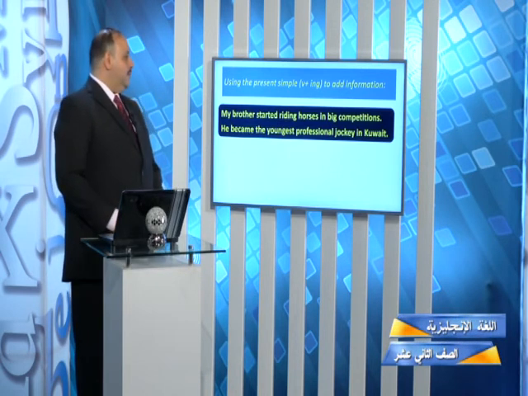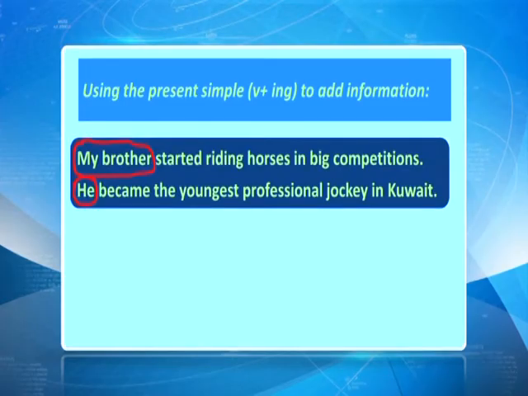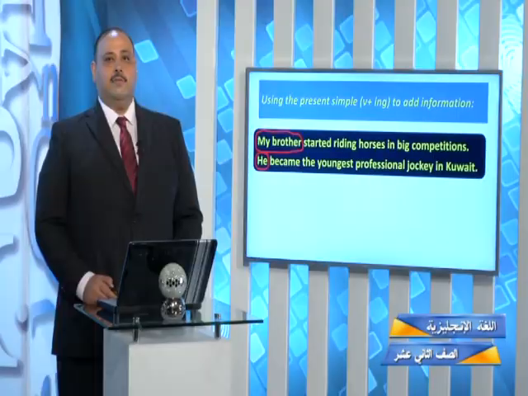Look at the two sentences. My brother and he. So the second sentence provides additional information about the noun of the first sentence. So what can we do? In this case, we have to delete the subject, look for the verb, add ing to its infinitive form, and link or connect the two sentences.